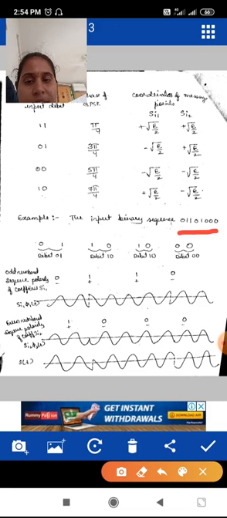Next, the even number bits are 1 0 0 0, and these are multiplied with phi 2 of t. So we get this second sequence. Then both are added, and we get S of t, which is the signal that we are going to transmit.